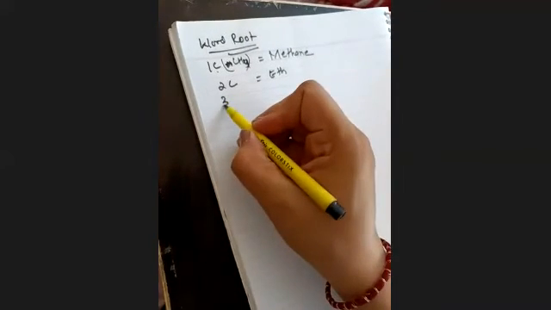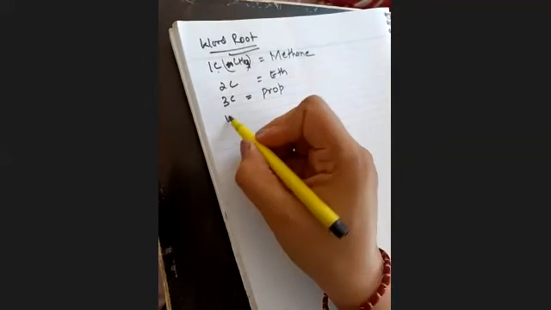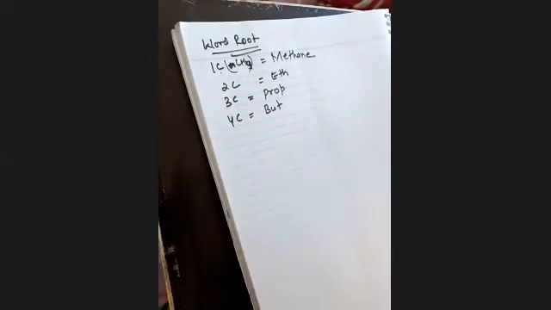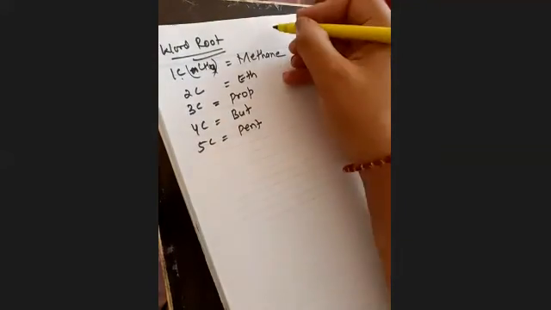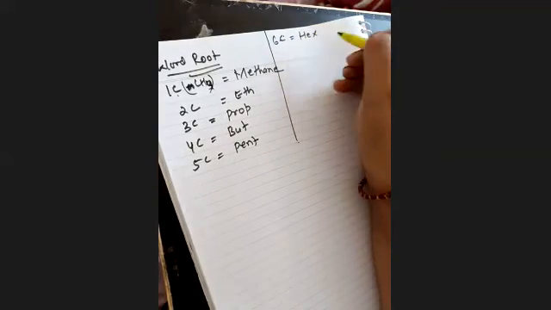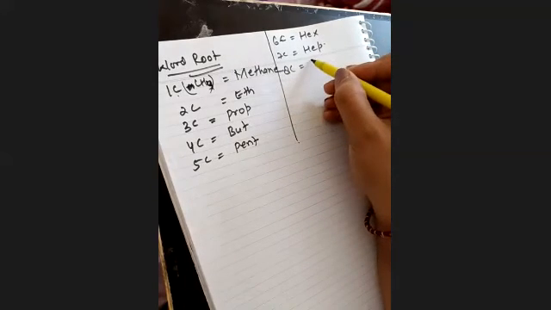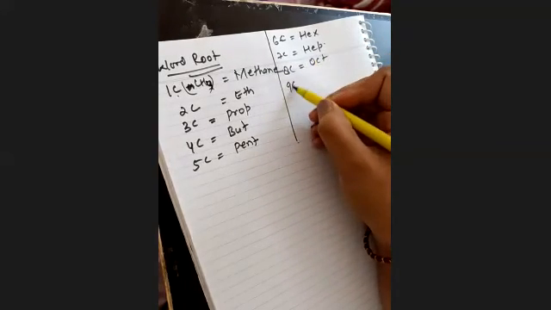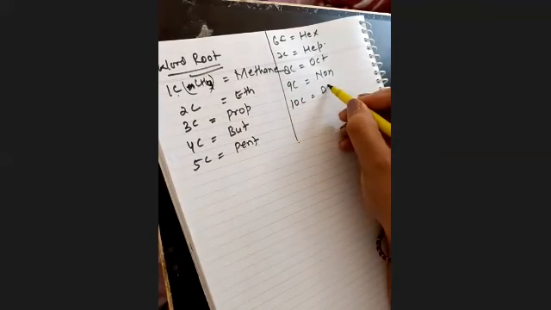If you have 2 carbons, that will be eth. 3 carbons, prop. 4 carbons, but. 5 carbons, pent. 6 carbons, hex. 7 carbons, hept. 8 carbons, oct. 9 carbons, non, and 10 carbons, dec.